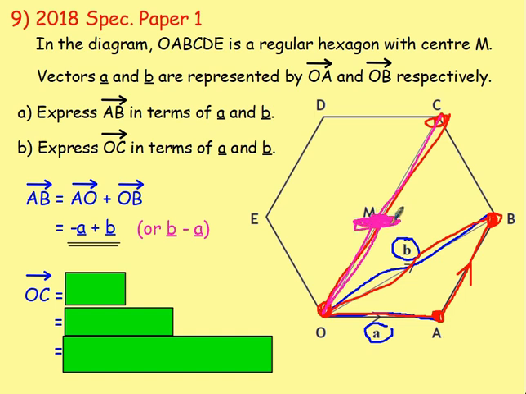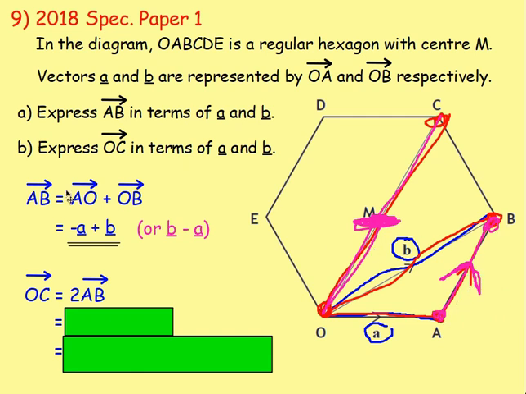We don't know OM, but if we go from O up to M, we're just really doing that twice. And what you should recognise is that this vector from O to M is the same length and same direction as this vector here, the same as this first answer. So vector AB is the same length and same direction as OM, so we can say that O up to C is going to be twice the length of AB.